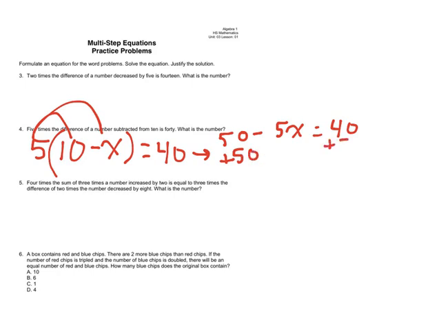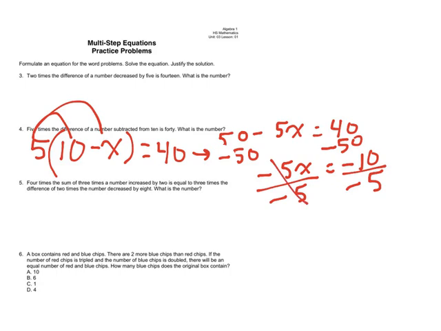Oh, I'm sorry, we have to subtract 50, because we already have a positive 50. Hopefully you caught that before I showed it to you. So we have to subtract 50 from both sides, and I get negative 5x equals negative 10. Now I want to divide by negative 5, and these cancel out, and I get x equals negative 2.